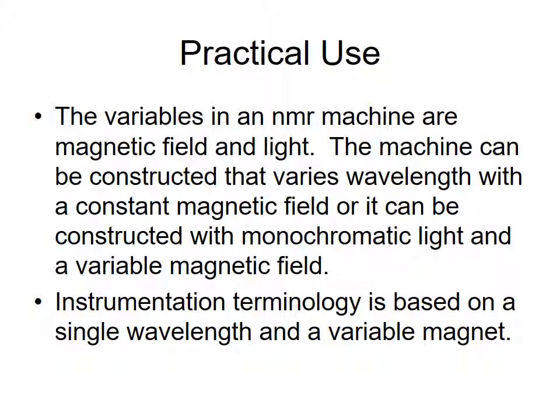And since the magnet is an electromagnet, it's very easy to change the magnetic field. And so the instruments are based on that, where you have a single radio wave always being shined on the sample, and then you take the magnetic field and you ramp it up until you get to the zero of TMS.